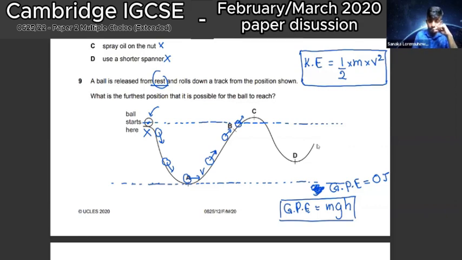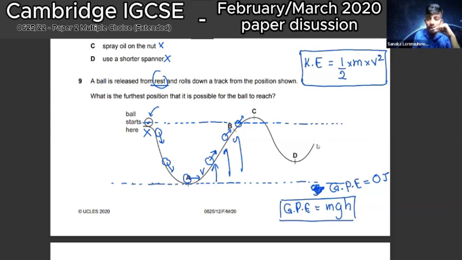The kinetic energy is decreasing little by little as the ball climbs up. The height is increasing, so the gravitational potential energy is increasing again while the kinetic energy decreases.